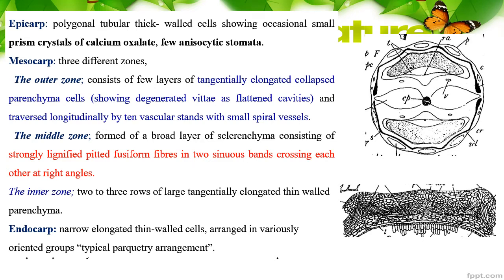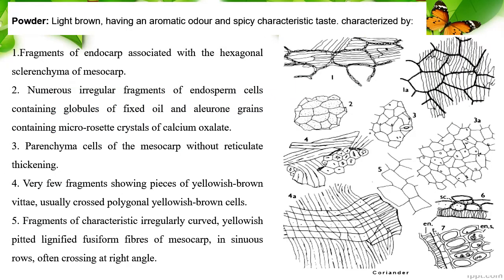The endocarp is formed of narrow elongated thin-walled cells arranged in different directions, giving the typical parquetry structure. The powder of coriander is light brown to brown in color with aromatic odor and characteristic spicy taste.